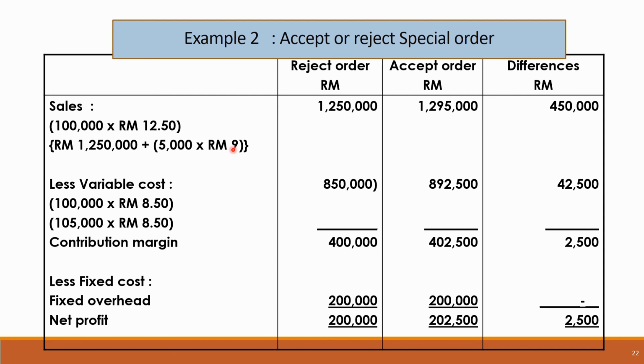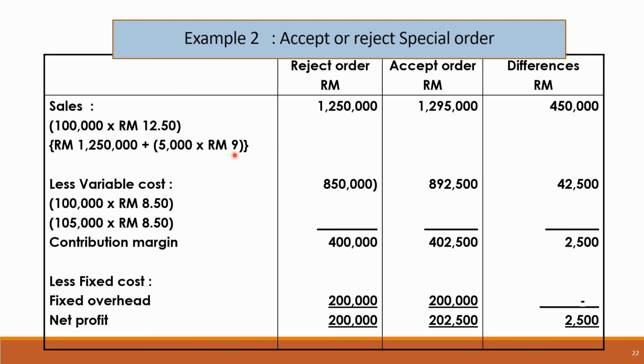When we calculate this amount, this second row represents accept order. So the answer is 1,295,000. The difference between reject order and accept order for sales is 45,000. And we can see that the sales for accept order is greater than reject order.